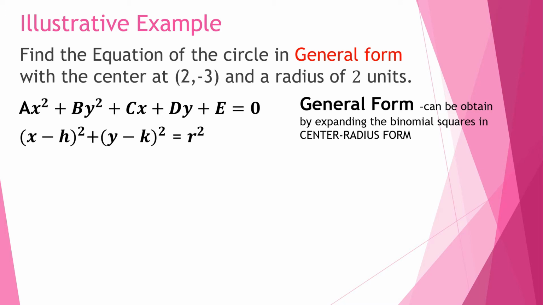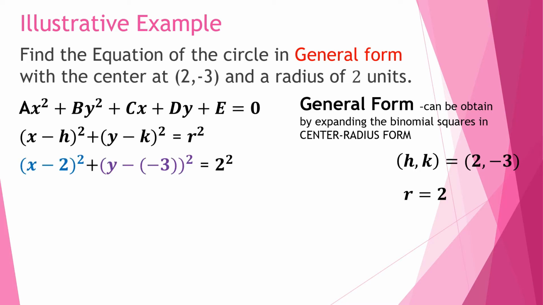Then we still need to find the h and k, which is the center of the circle, which in our given example is (2, -3), and the r, which is the radius, equal to 2 units. After this, we replace the h, k, and r in our center-radius form, and that will give us (x - 2) squared plus (y - (-3)) squared equals 2 squared.